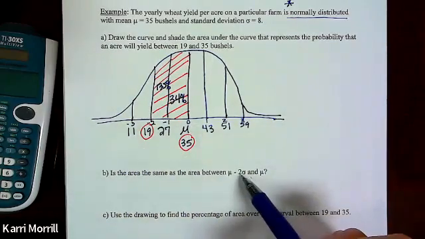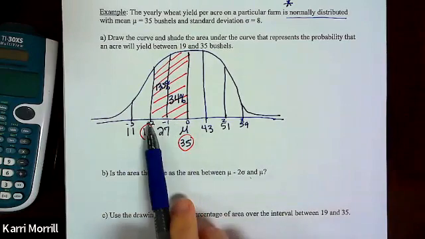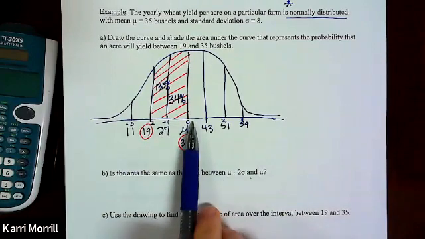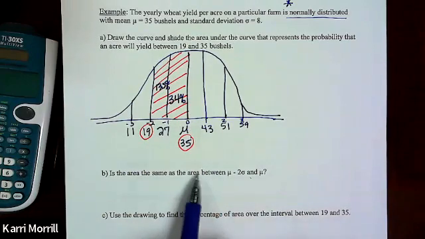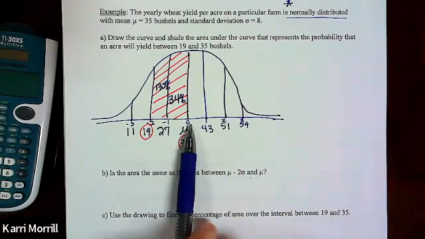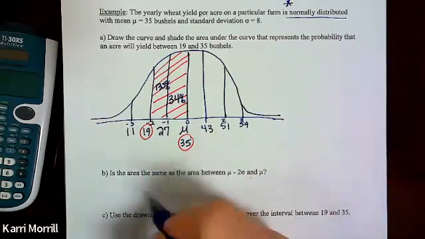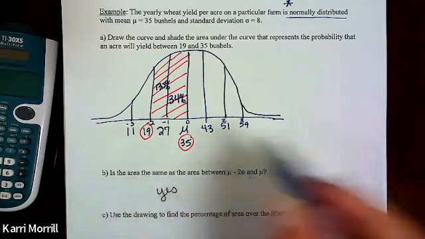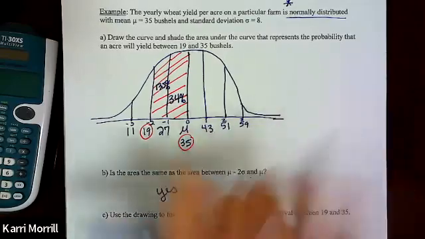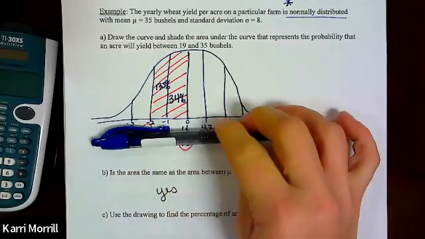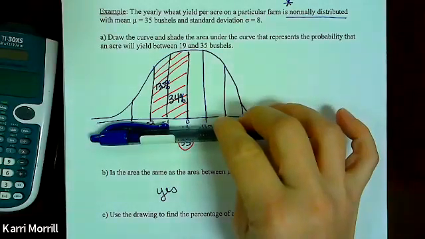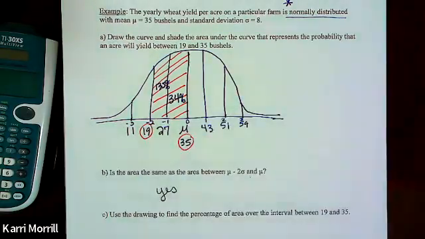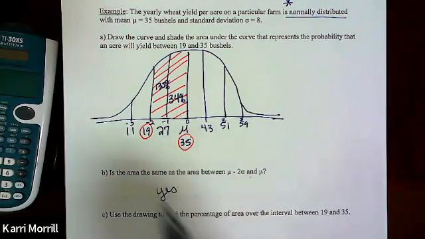So is it the same between minus 2 standard deviations and the mean? Yes, that's the space that we're talking about. That's all that's really asking. So we would say yes, that area is the same. If you didn't have those numbers, that area is the same that represents it with this application problem.